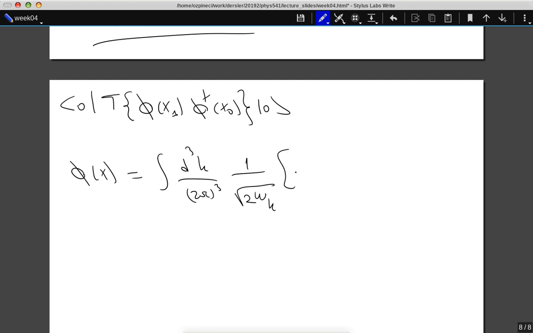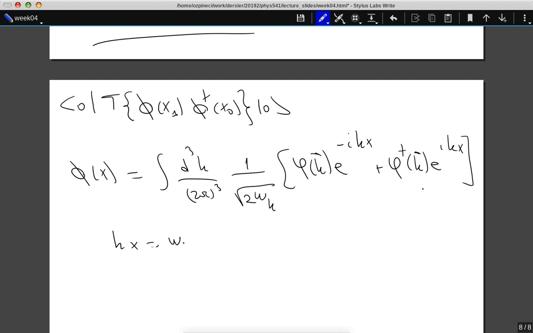And now we had a phi of k e to power minus i kx. And now we had phi dagger of k e to power i kx. And here kx is omega k x0 minus k dot r. This was the expression for the field.